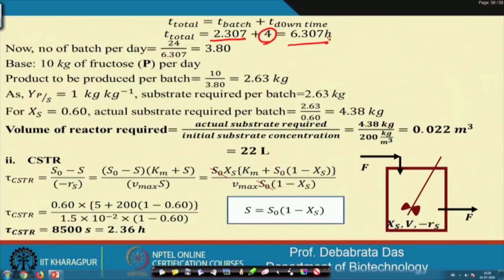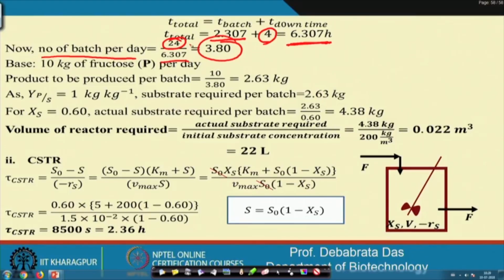Now, suppose we want to find out the volume of the batch reactor. What you have to do is find out how many batches you have to operate per day to get the desired amount of product. One batch requires 6.307 hours. One day is 24 hours.